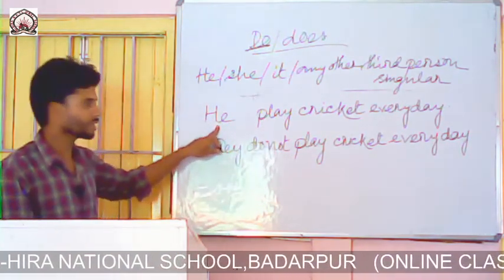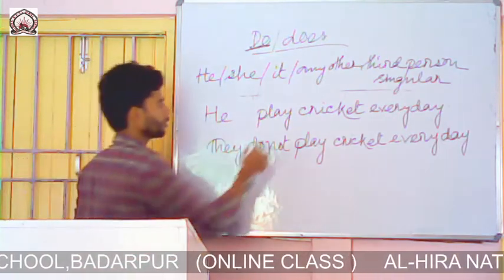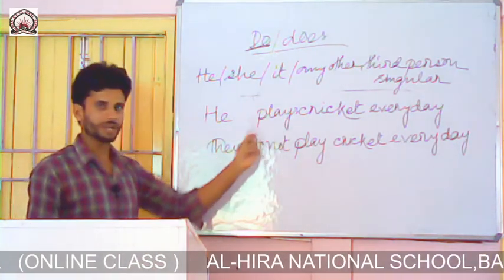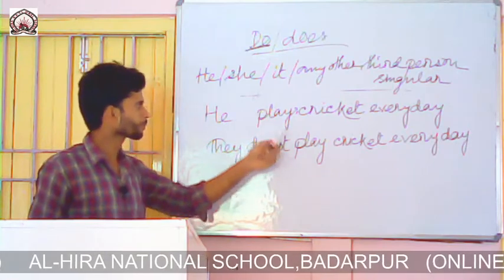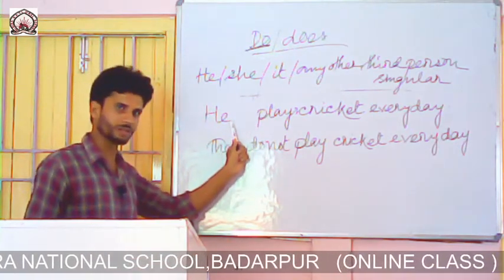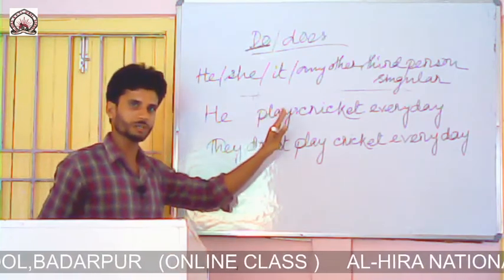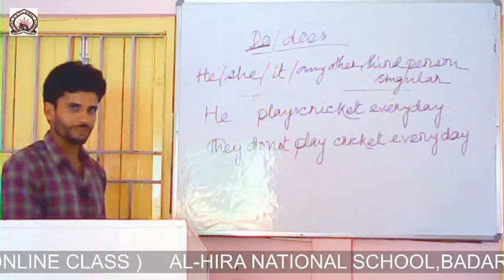When I have written he, the subject is third person singular, so there will be plays. If I write the sentence in the same tense, simple present tense, and the subject is he, third person singular, what should I do? I have to add s or es to the verb. So now the sentence is: He plays cricket every day.